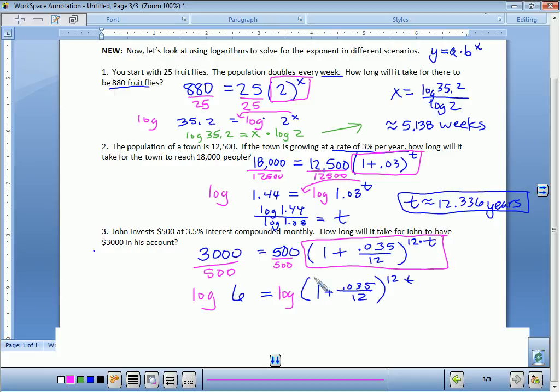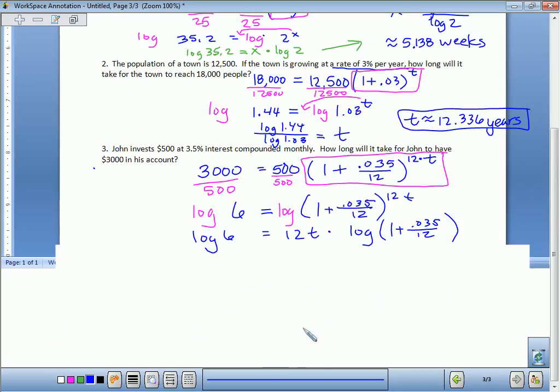And when we do, this can come out in front and become multiplication. Okay, so we have to divide by this crazy looking stuff.